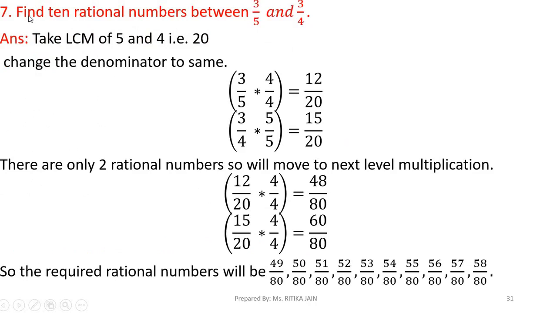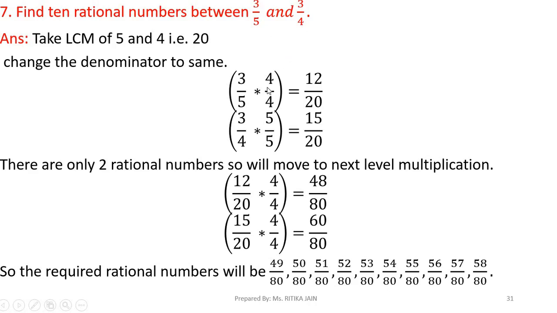Then move to the last question of exercise 1.2. In this question you have to find 10 rational numbers between 3 by 5 and 3 by 4. Again follow the same method. Take the LCM of the denominators, that are 5 and 4. You will get the LCM as 20. Make the denominators the same for both rational numbers.